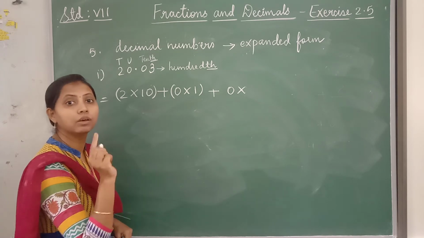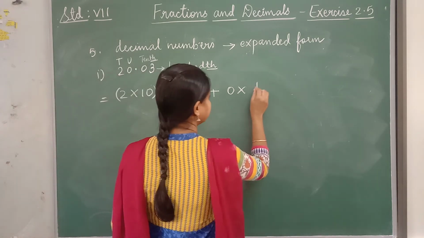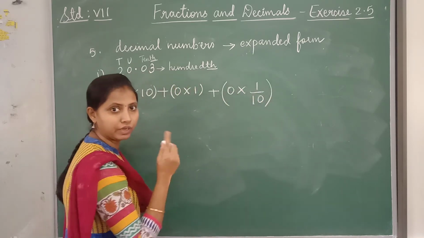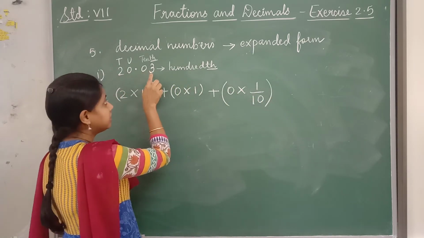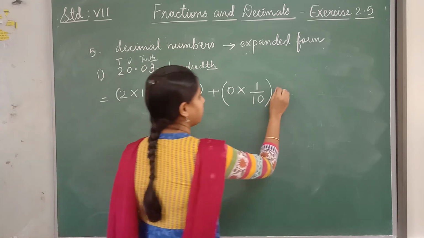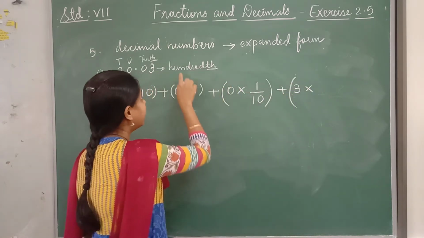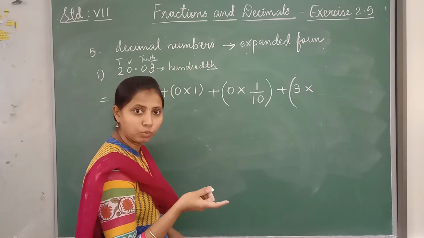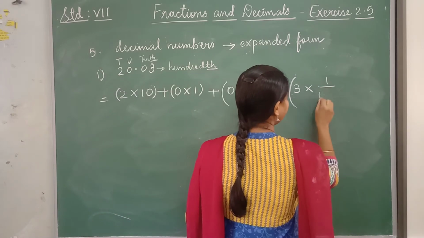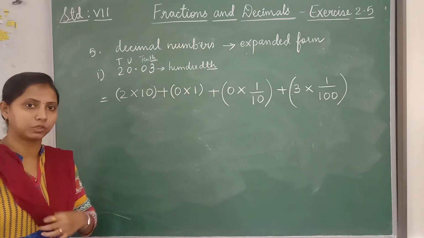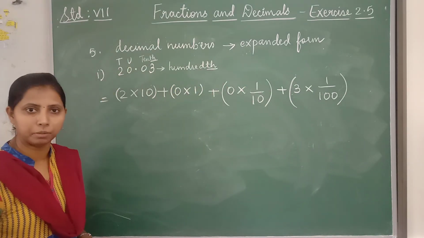Its value is 1 upon 10. Yes, always remember children, it is 1 upon 10 after the decimal point. The next digit is 3. So plus 3 into, in which place is it? Hundredths place. So its value is 1 upon 100. Okay. So this is the way you write the expanded form of decimal numbers.